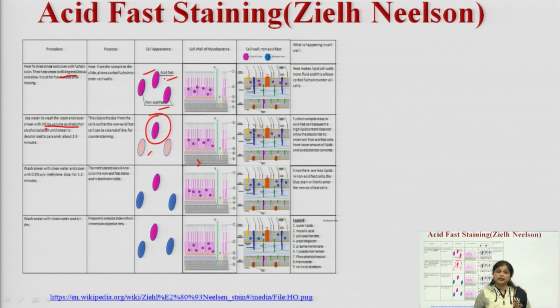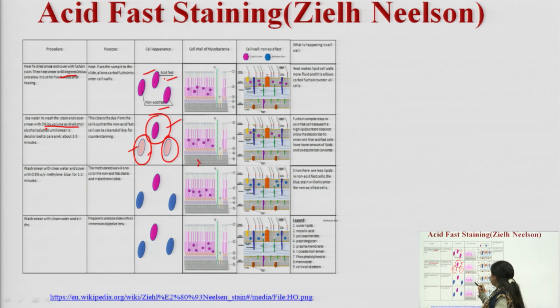Acid fast bacteria will not be affected by the decolorizing agent, they will resist the decolorization process. That is why they retain the primary reagent, whereas the non-acid fast bacteria will get decolorized after washing with the acidic alcohol.